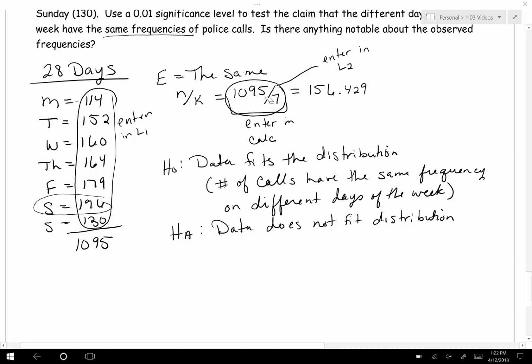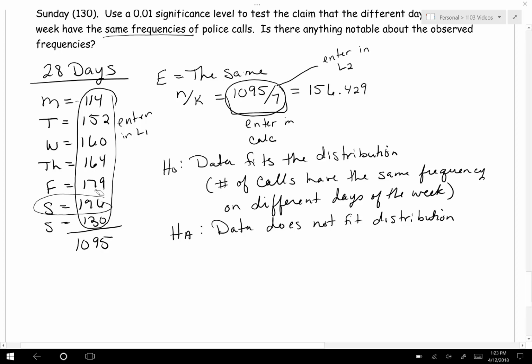And you do need to have this in L2 7 times. So you need to have 7 different entries in L2. The number of values that you have in L1 and L2 have to match. If they don't, then your calculator is going to give you an error message.